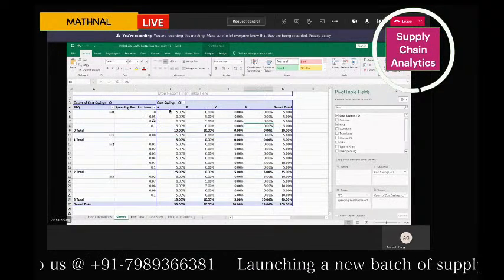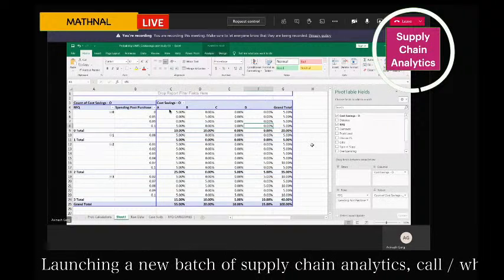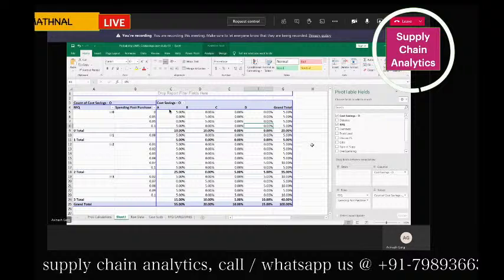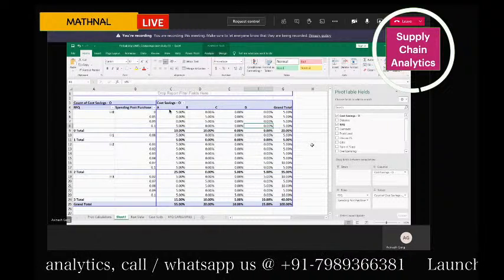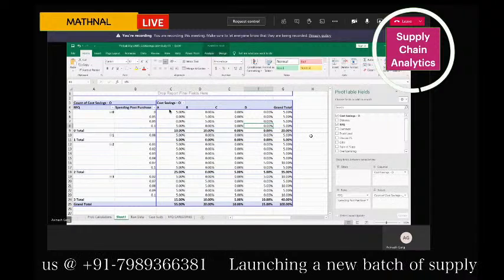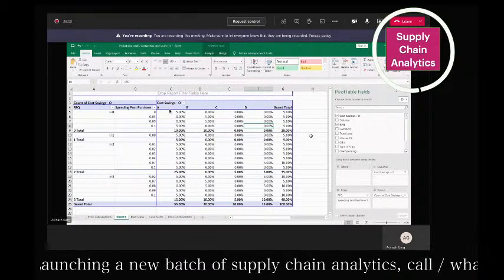So given it is 0, okay, what is the probability? Given it is 0 and A, what is the probability for RFQ? 5%.